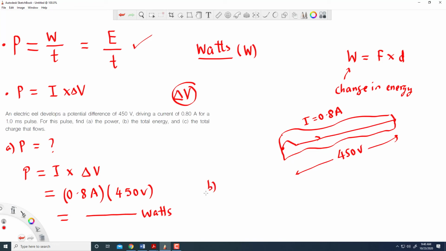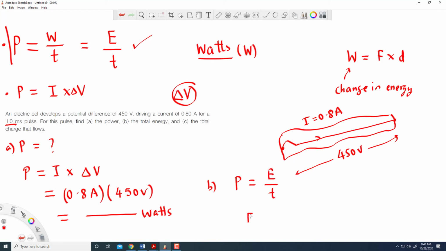And then what's the total energy delivered by the eel during that time, 1 millisecond? So it's producing the pulse for 1 millisecond. During that time, what's the energy delivered? So we have this formula. Power is energy over time.